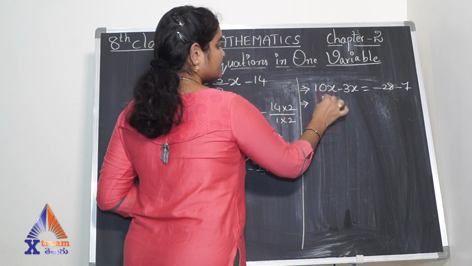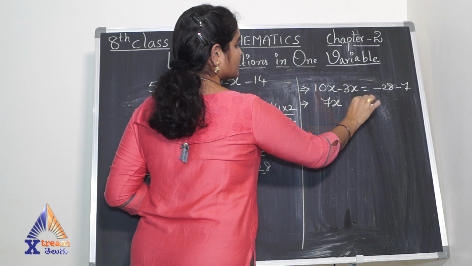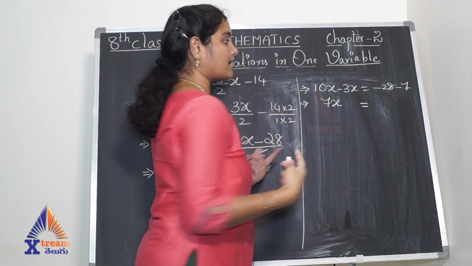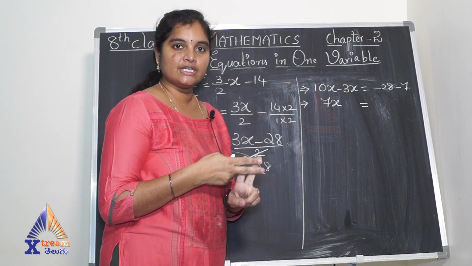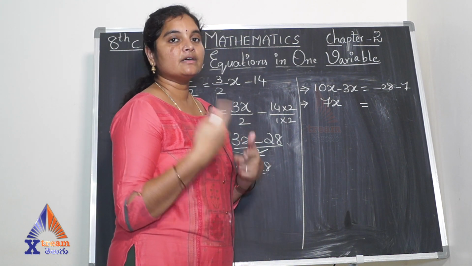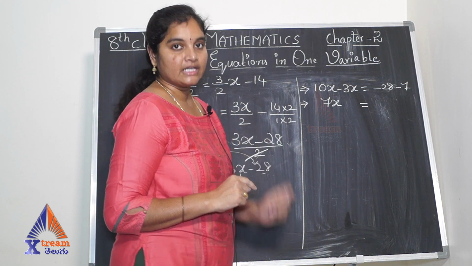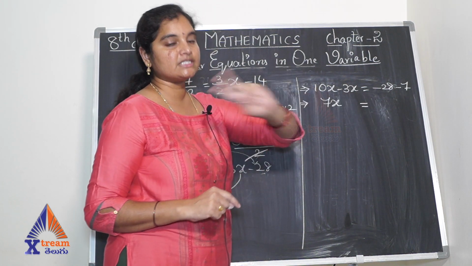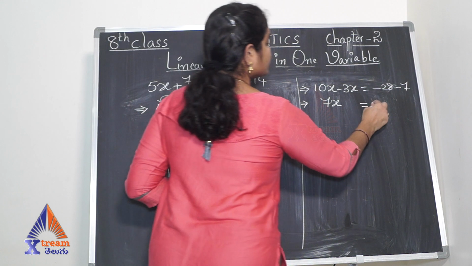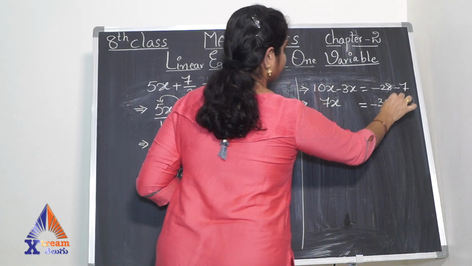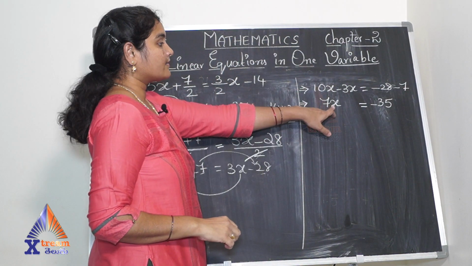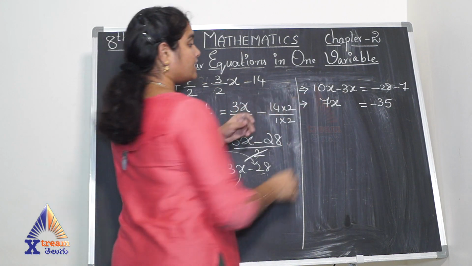So 10x minus 3x gives us 7x, which is equal to minus 28 minus 7. When you have two negative integers, we will add them and the resultant answer, that means the sum, will be a negative integer because you are adding two negative integers. You get minus 35. Now 7 and x are getting multiplied over here.